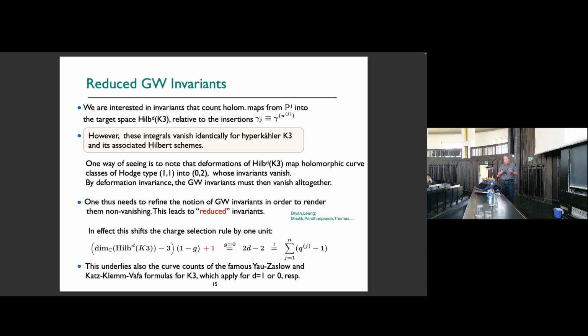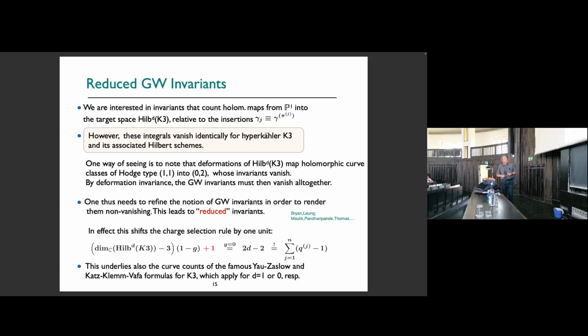Yeah? And this is very abstract and it's hard to translate into physics, but I have a proposal for how to interpret this in our physical language. And the first consequence of this is that the charge selection rule which the correlation functions must obey is shifted by 1 unit. Yeah?